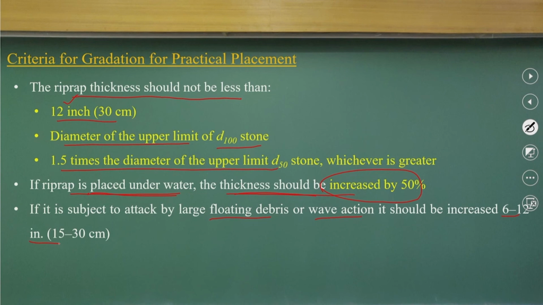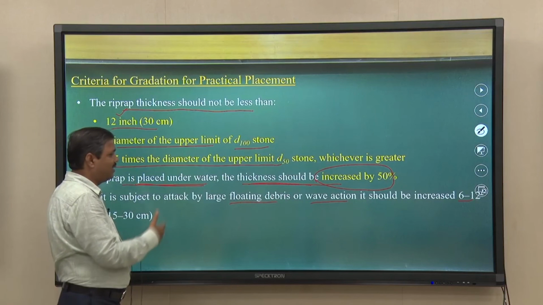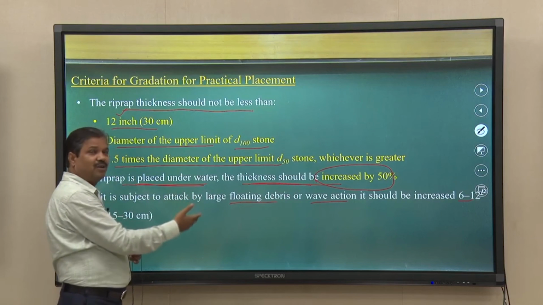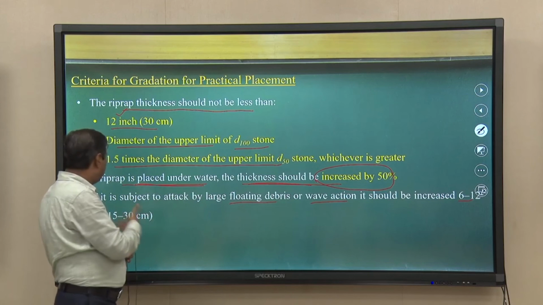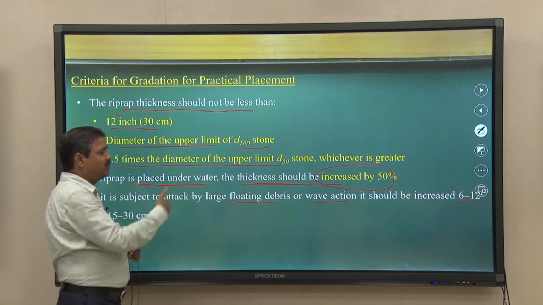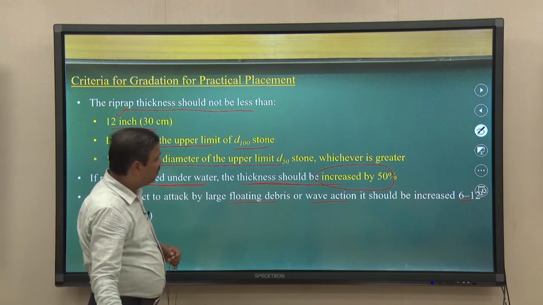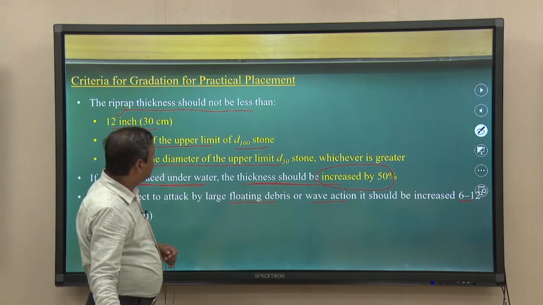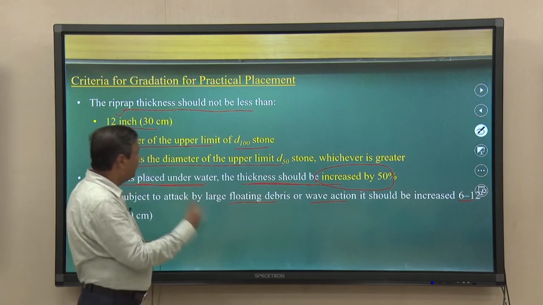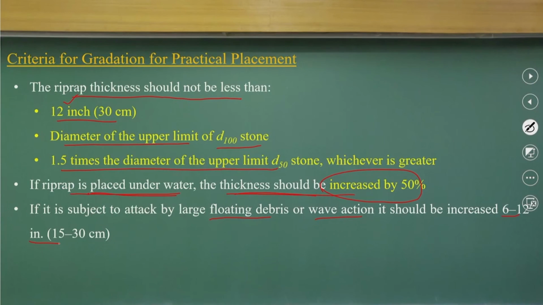So, these are all design guidelines considering debris and underwater stone riprap, where we can increase the thickness by 50%. The US Army Corps of Engineers, based on their field experience, have given these guidelines, which have already been applied to many rivers in the US, and they have been successful in terms of designing this part.